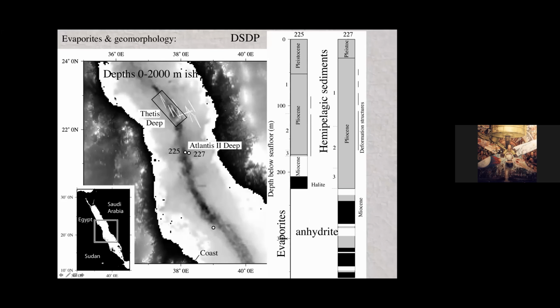So now quickly go over the evaporite flowage. What's interesting in the central Red Sea is the density of all the stuff that's above the evaporites. The evaporites themselves comprise halite, anhydrite and shale. And then above them in these drill sites, 225, 227, you have the Pleistocene sediments, about 200 meters roughly in thickness.